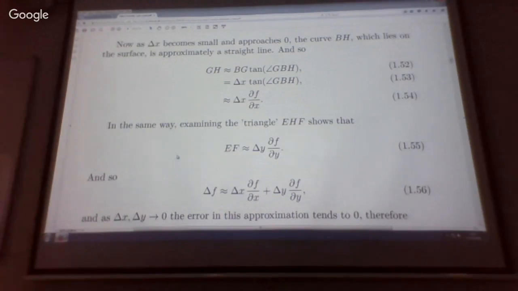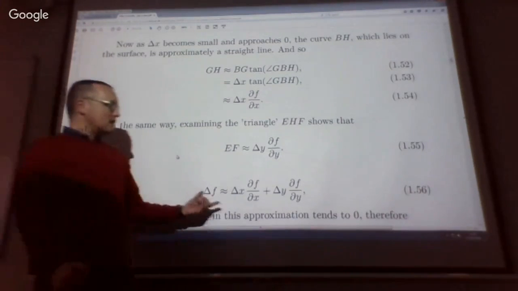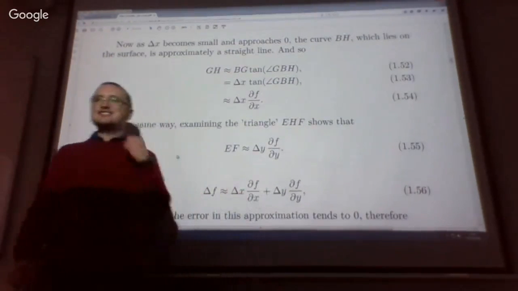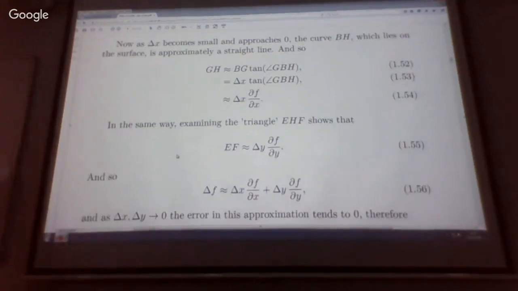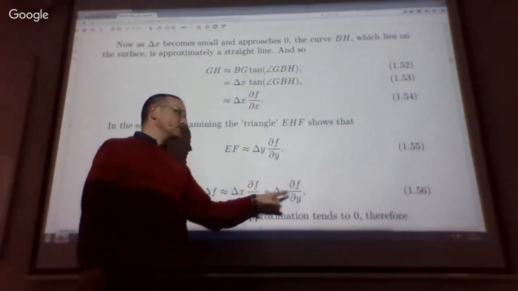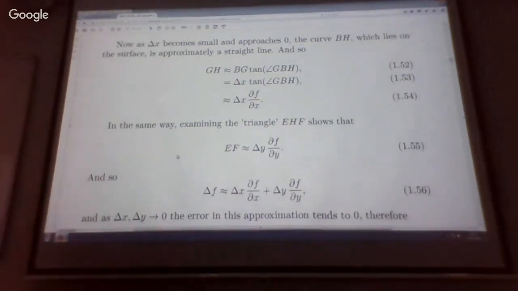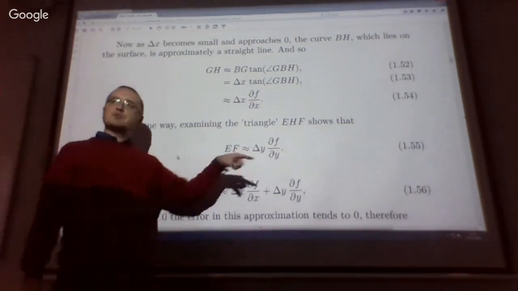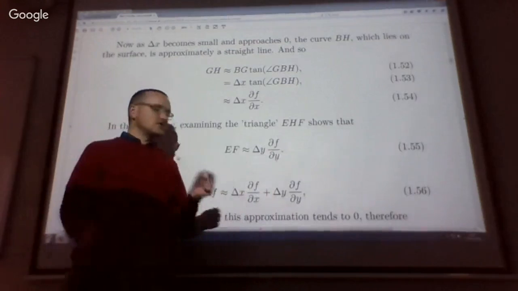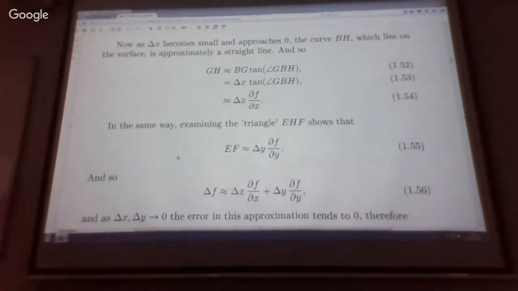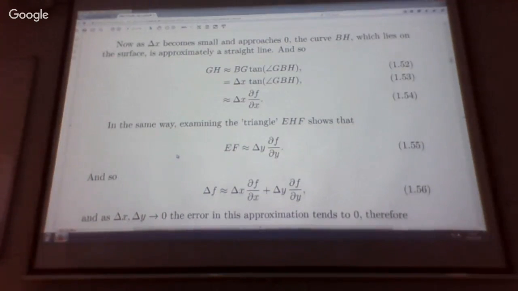So the change in the value of the function is approximated as a linear combination in the changes in the values of the variables, and the coefficients in that linear approximation are provided by the values of the respective partial derivatives evaluated at the starting point. Okay? So whatever base point we're talking about, these small changes are small movements away from whatever that base point is.